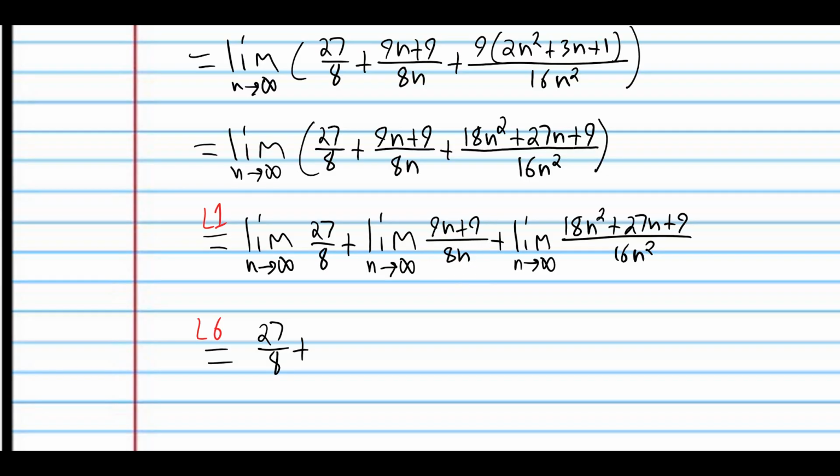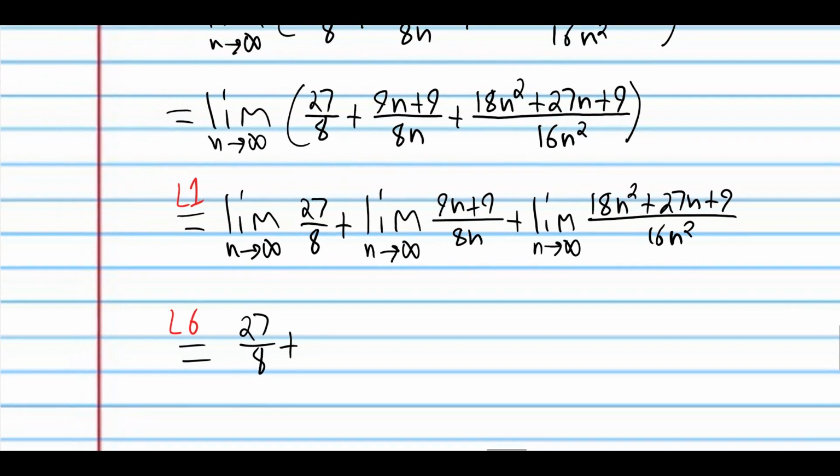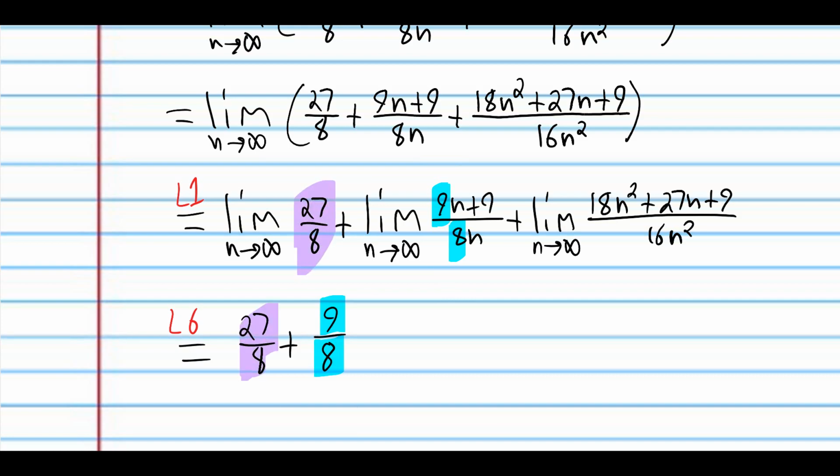And so we learned a couple classes ago that the limit is just going to be 9 over 8, the quotient of the coefficients of the leading terms. All right. And same thing here. The degree is the same in the numerator and the denominator, so we're just going to end up with 18 over 16.